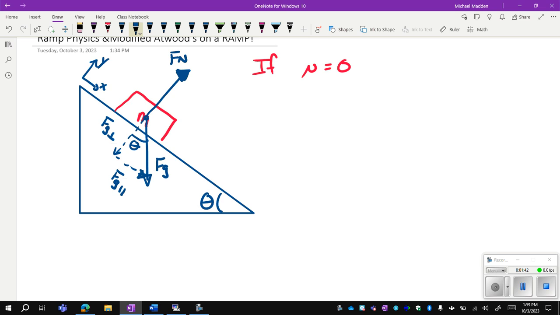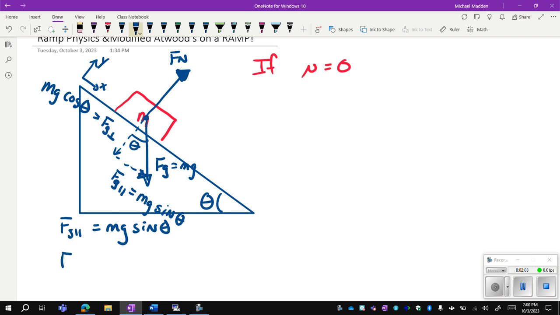And you can see that this will end up being mg, the hypotenuse, times the sine of the angle. And then this one on the other side is going to be mg cosine of theta. So we end up getting the parallel being mg sine theta, and the perpendicular being mg cosine theta.